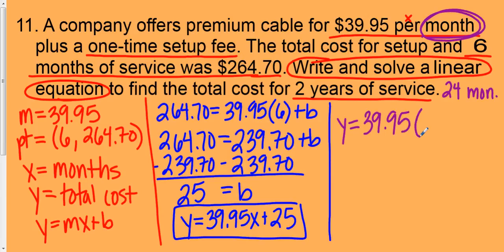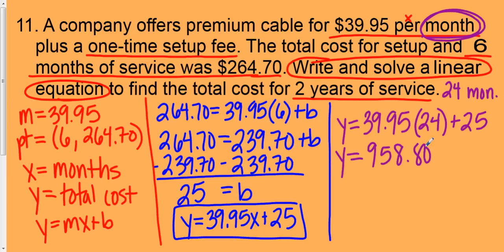So we have $39.95 times 24. We're going to add 25 to that. And when we do this, we have $958.80.